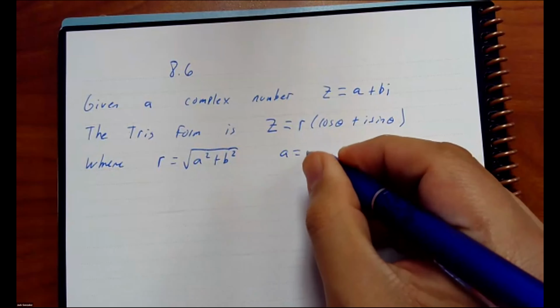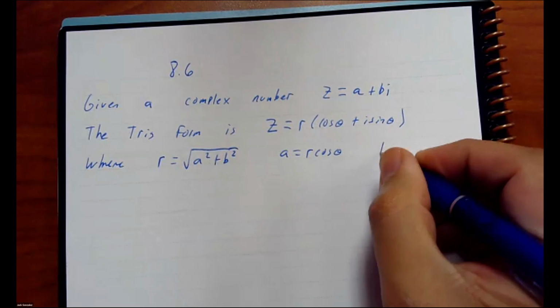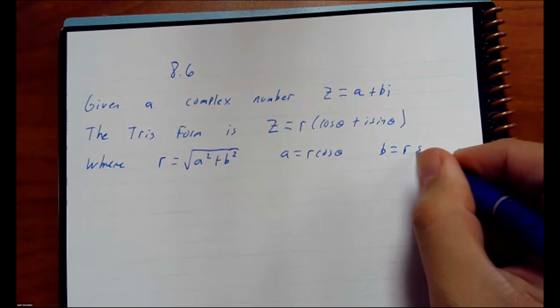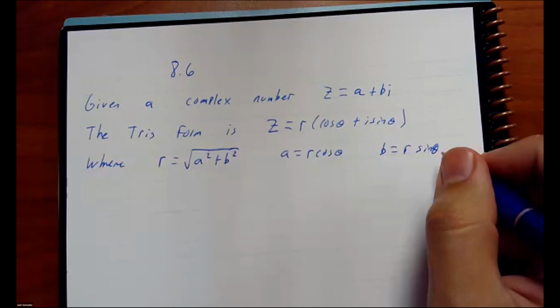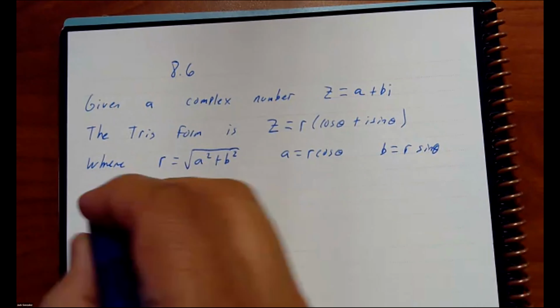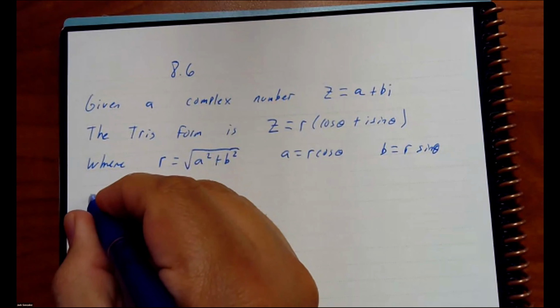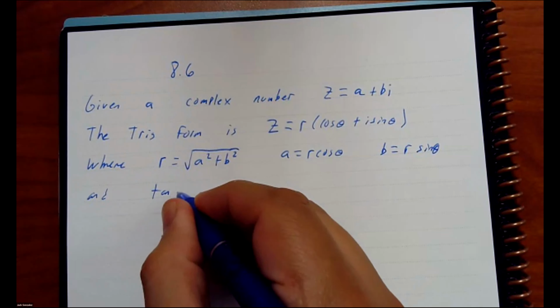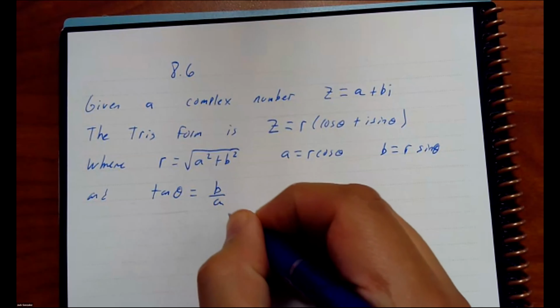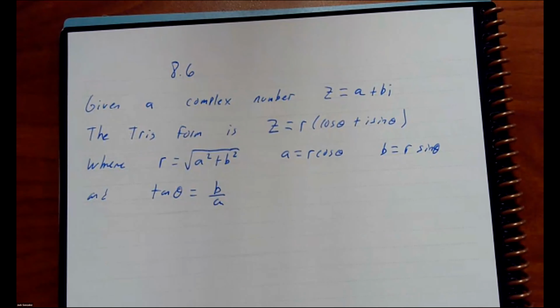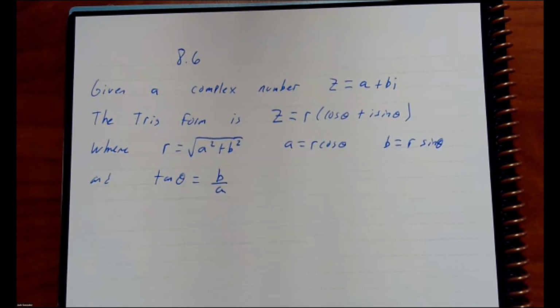A is equal to R cosine and B is equal to R sine. And tangent theta is equal to B over A. All right, that should be more than enough to solve this question.